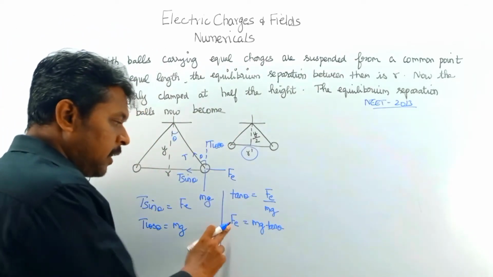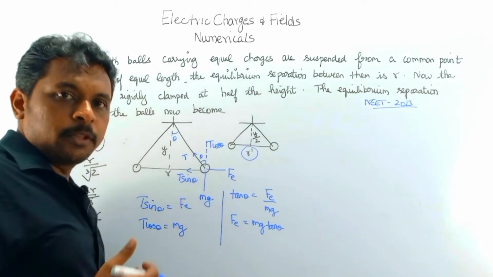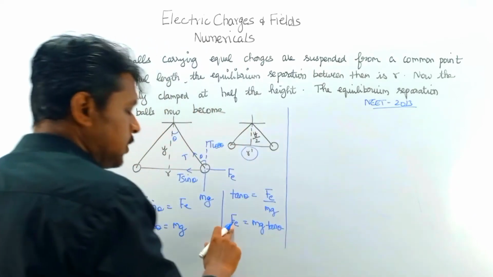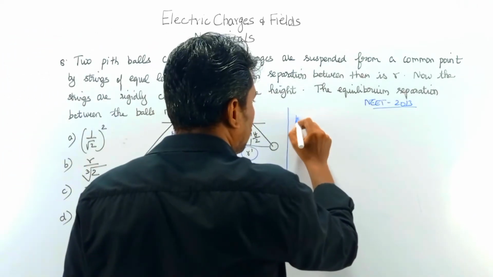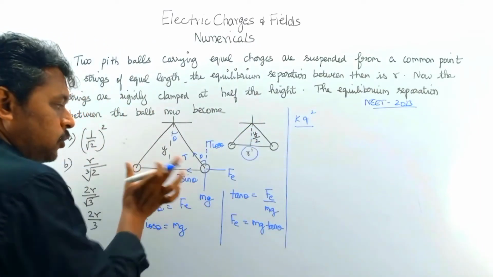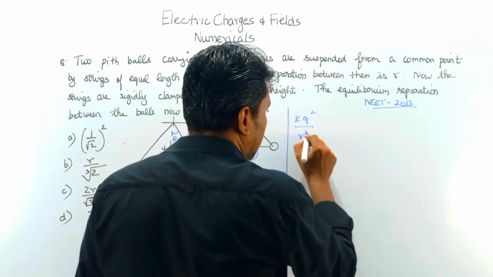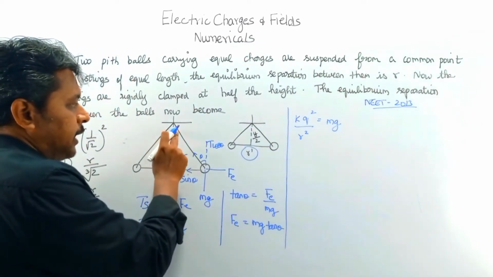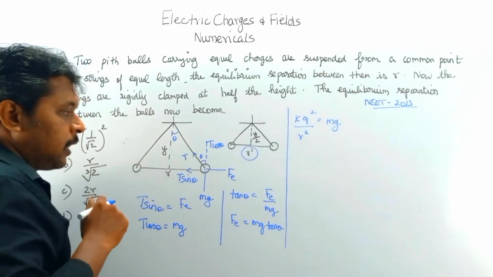So what is this Fe? The electrostatic force between the two pith balls. They are positively charged. So instead of Fe, I am writing the equation: k q square by the distance of separation, r square, is equal to mg tan theta. So what is tan theta? Tan theta means opposite by adjacent.